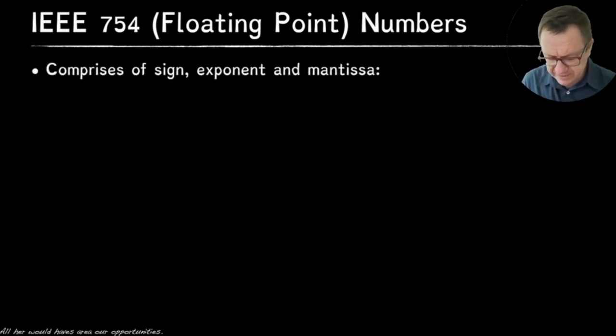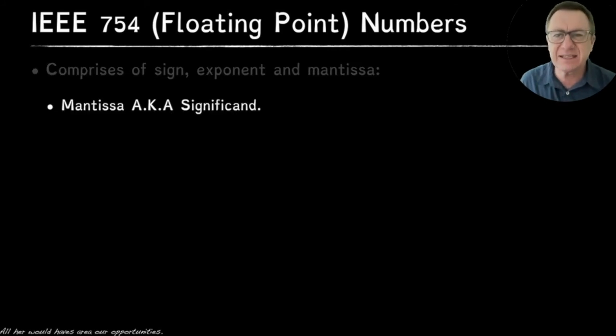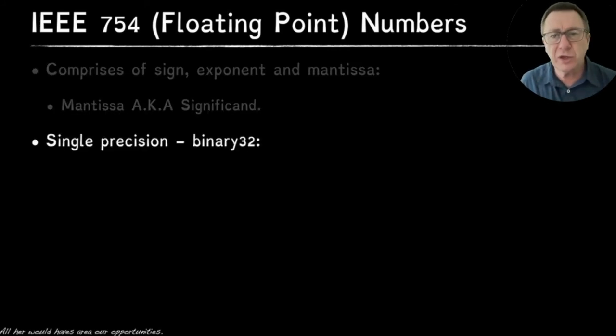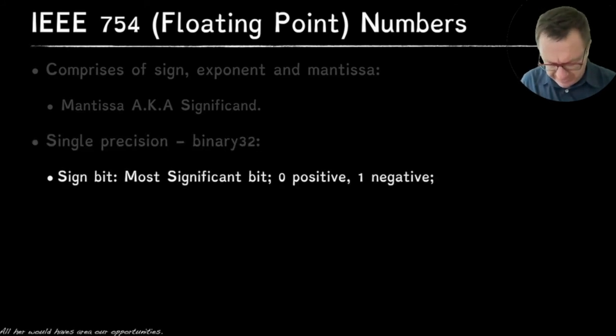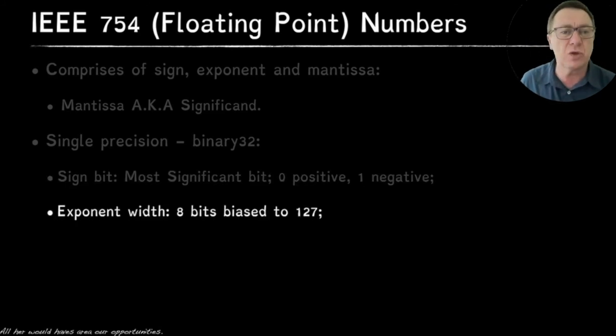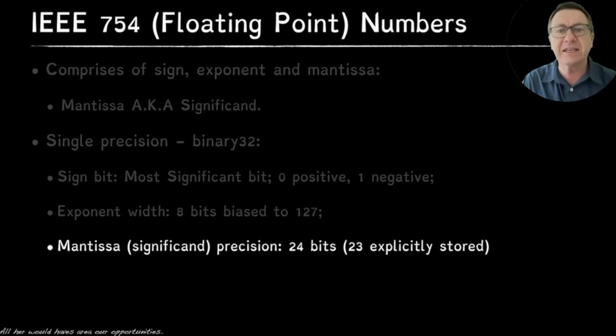So we have the sign, obviously, the exponent and the mantissa, our significand, okay? We're going to use the single precision, which is binary 32. Our sign bit is our most significant bit, 0 for positive, 1 for negative, nothing new. The exponent width is 8 bits, and we say bias to 127, which you'll see how that works as we go on.